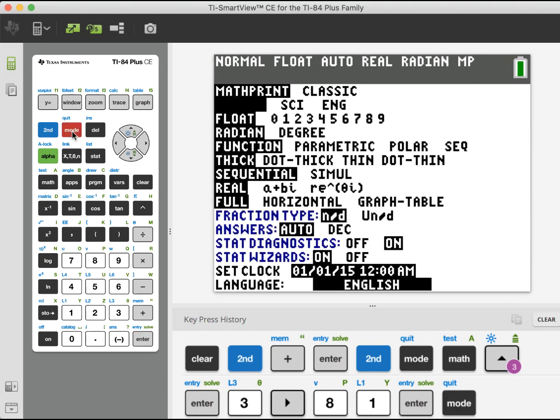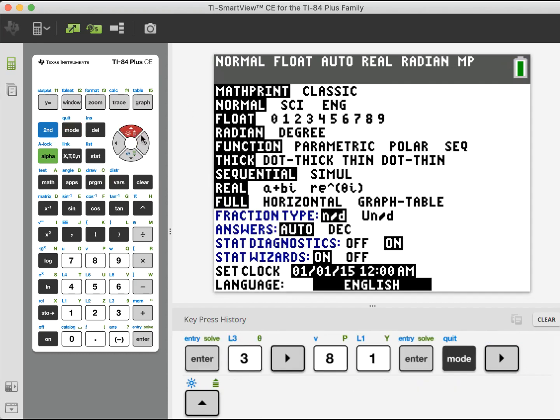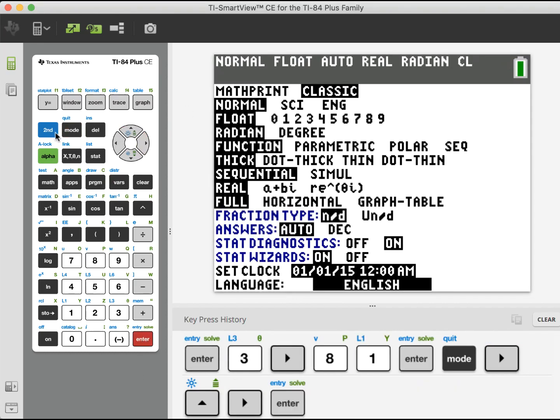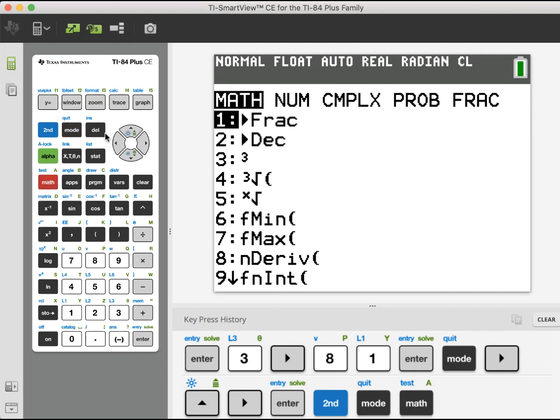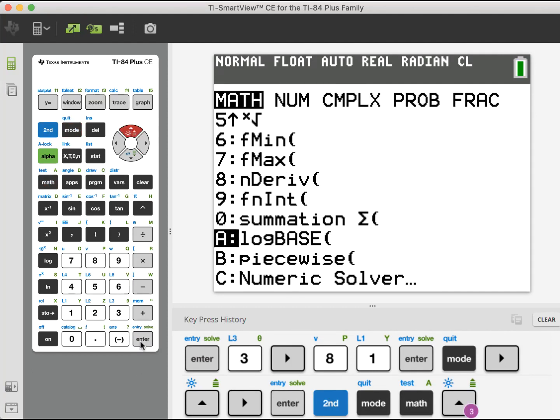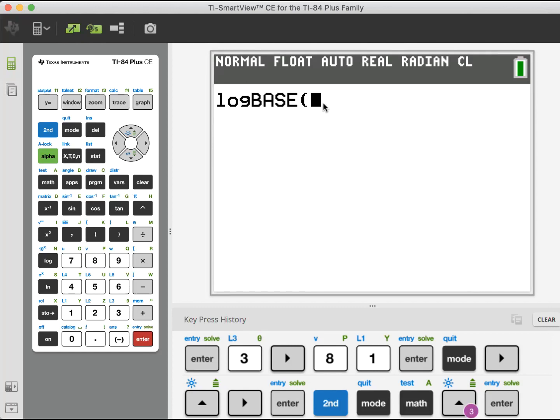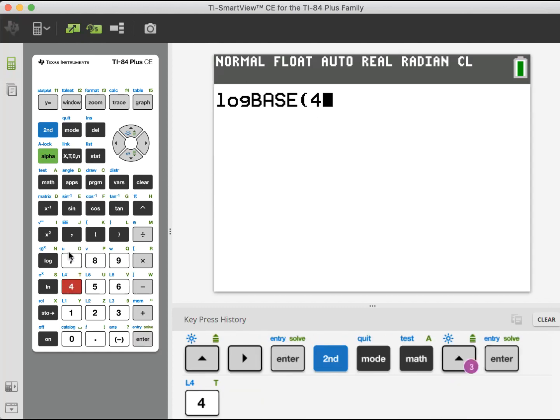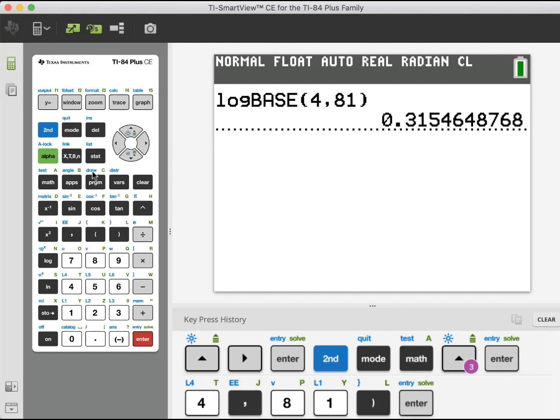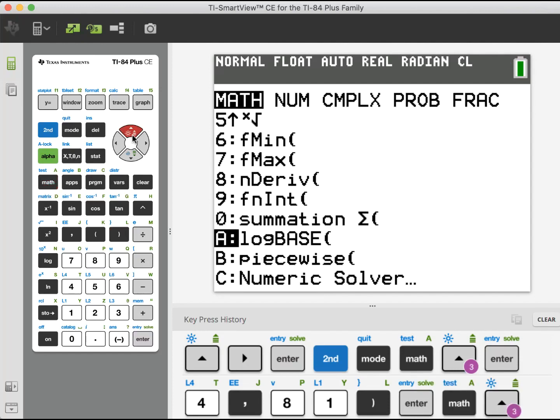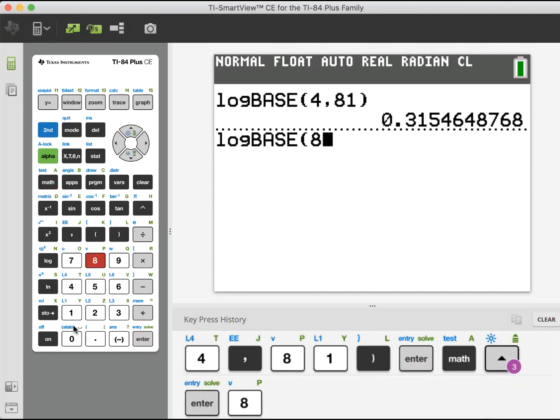Now, just a reminder, if you don't have math print on, this isn't going to work quite the same. So I'll show you what you're going to see if you have classic on. So go math and go up to log base. Now, this is a little bit weird. You have to say 81, comma 3. Sorry, I don't use this one very often, or ever, actually.